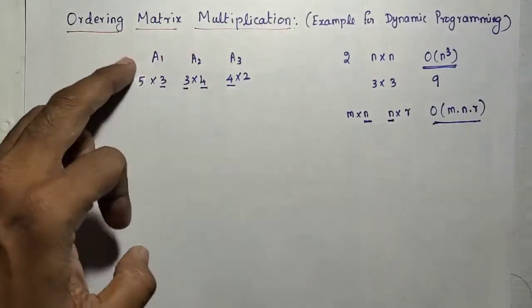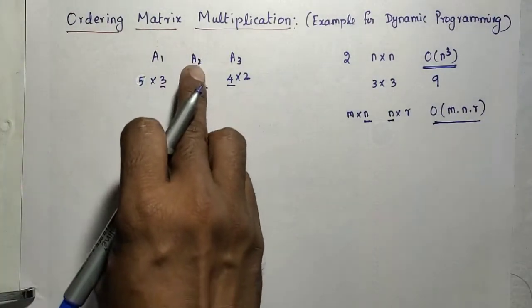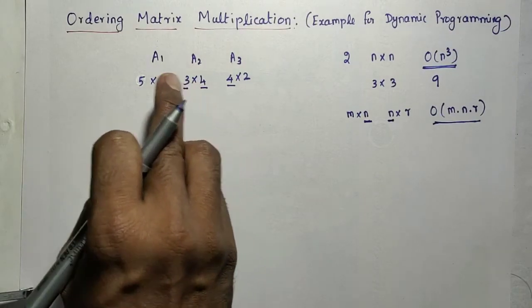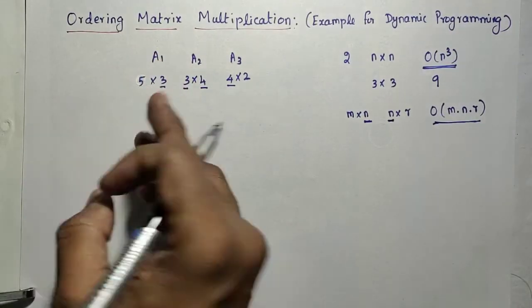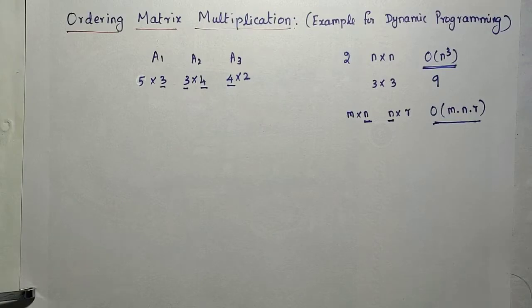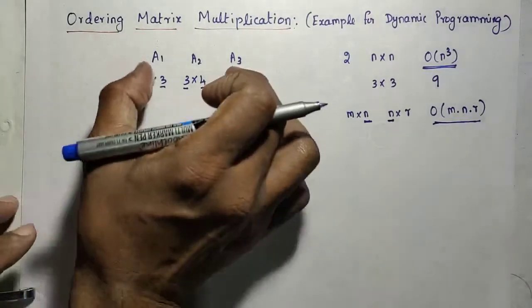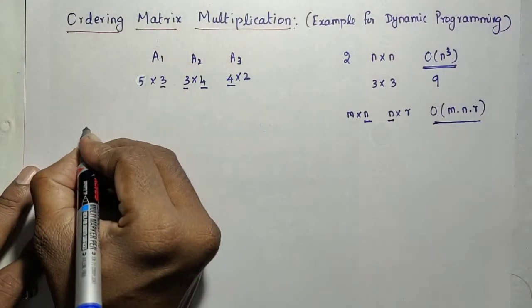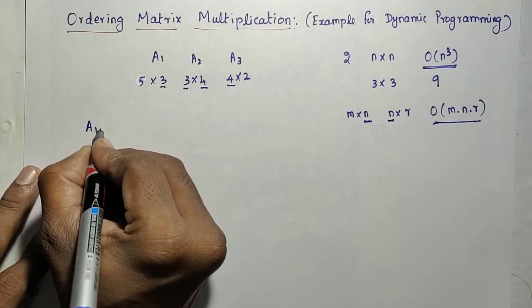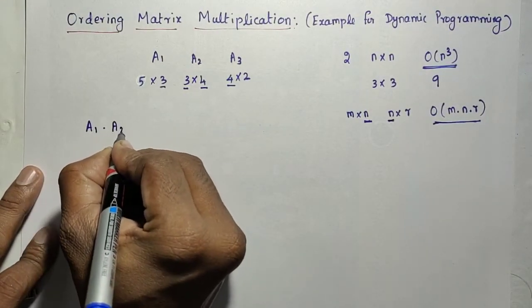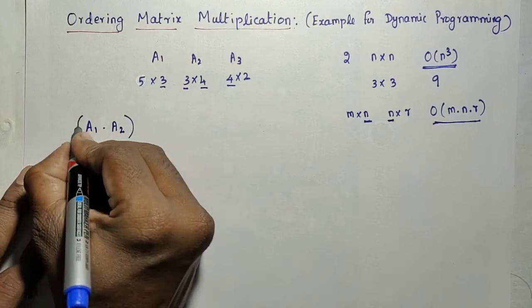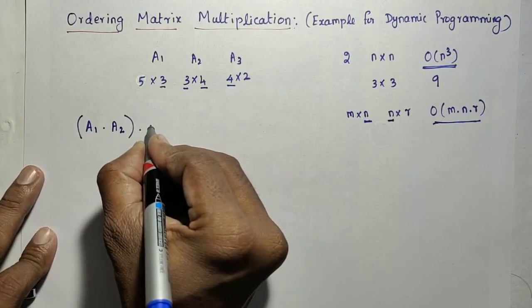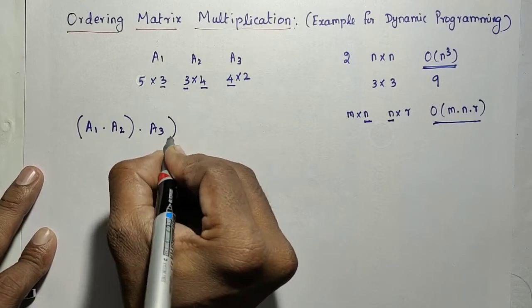For example, A2 into A1 we cannot do, because A2 column size is 4 and A1 row size is 5. So that order should not be changed. But it is possible to multiply A1 and A2 first, then that will be multiplied with A3.